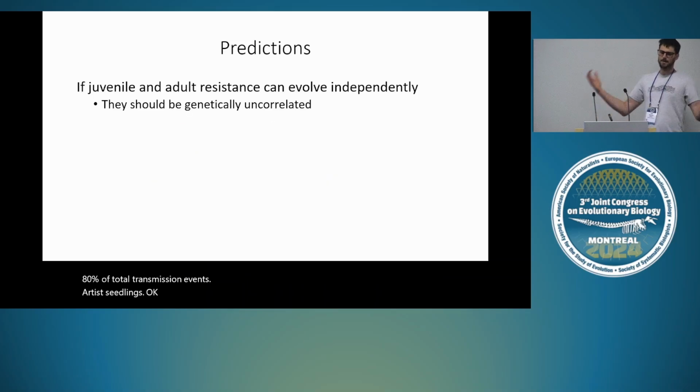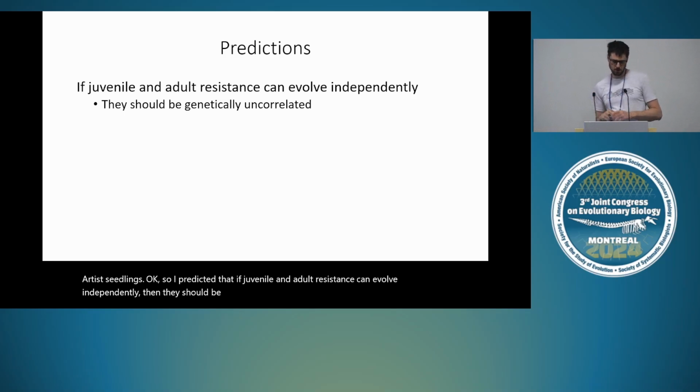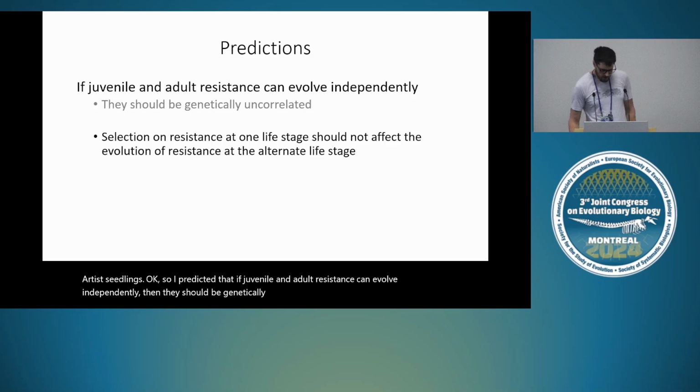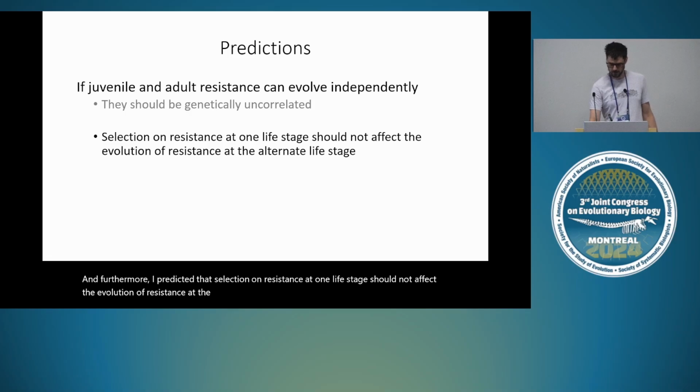Okay, so I predicted that if juvenile and adult resistance can evolve independently, then they should be genetically uncorrelated. Furthermore, I predicted that selection on resistance at one life stage should not affect the evolution of resistance at the alternate life stage.